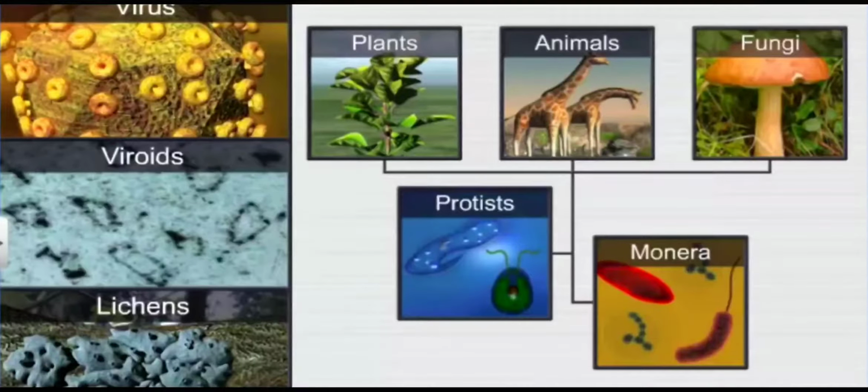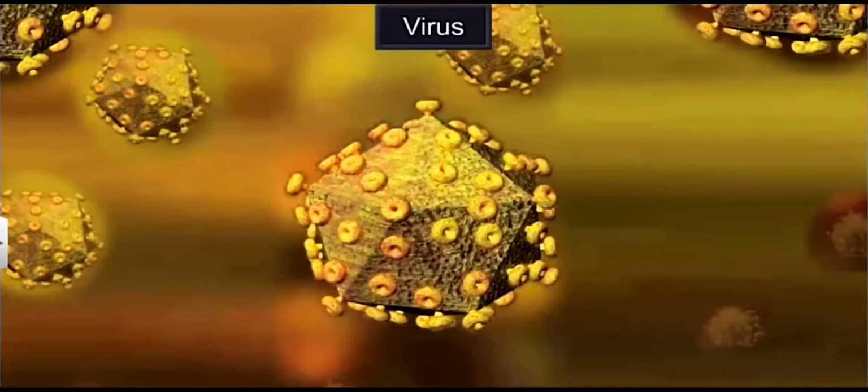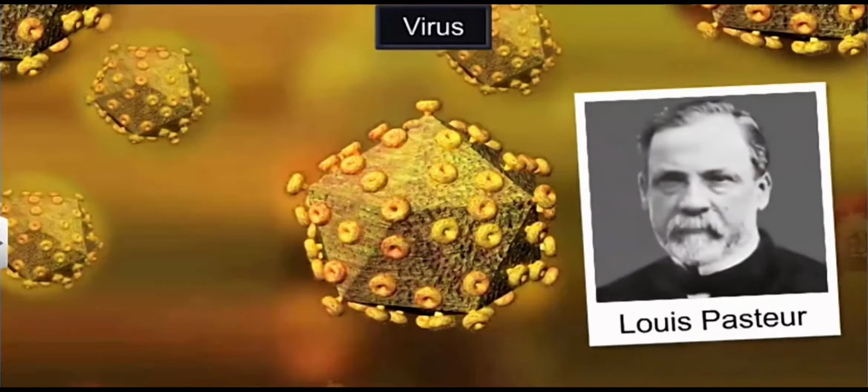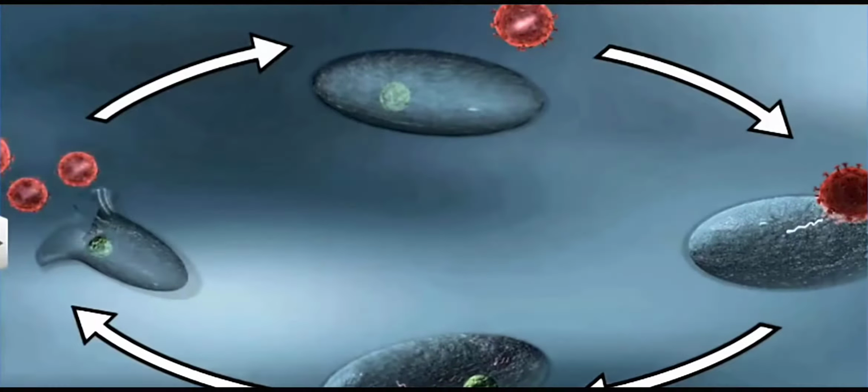Let us first take viruses. So viruses are actually nucleoproteins. The term virus was given by Louis Pasteur. The meaning of virus is poison. It was first observed in a disease called tobacco mosaic disease.